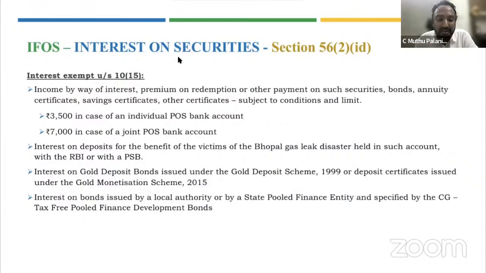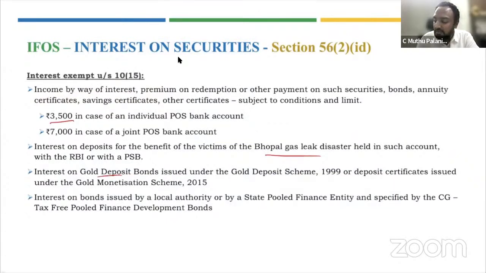Now we'll understand about interest on securities. Interest from a post office savings bank account, up to 3,500, is not taxable. If it is a joint account, up to 7,000 is not taxable. And Bhopal gas leak victim is not taxable.